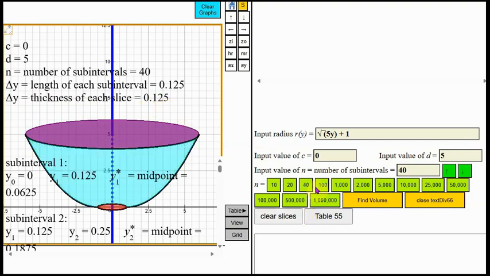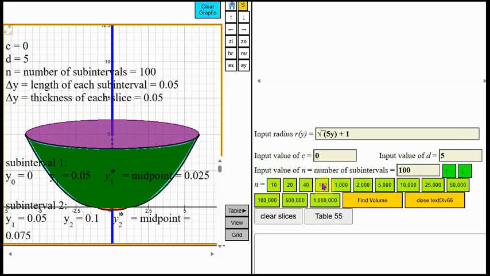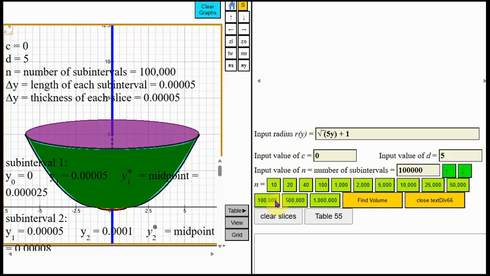And then here I divided into 100 slices. And then eventually what we want to do is divide the solid into many slices. Here's 100,000 slices, a million slices, and then to get the exact volume, what we need to do is divide the solid into an infinite number of slices.